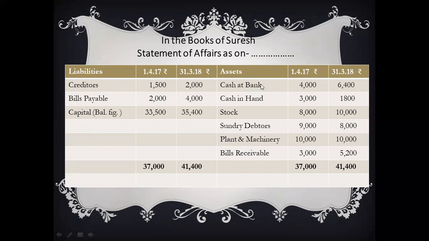Asset side: cash at bank opening 4,000, closing 6,400, cash in hand 3,000, closing 1,800, stock 8,000 and 10,000 is closing, debtors 9,000 and 8,000, plant and machinery, both the amounts opening and closing is 10,000, bills receivable 3,000 opening and closing 5,200. So the balancing figure, that is capital: opening capital is 33,500, closing capital is 35,400.